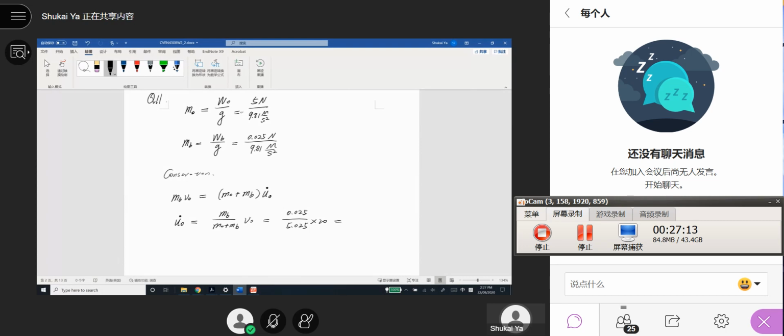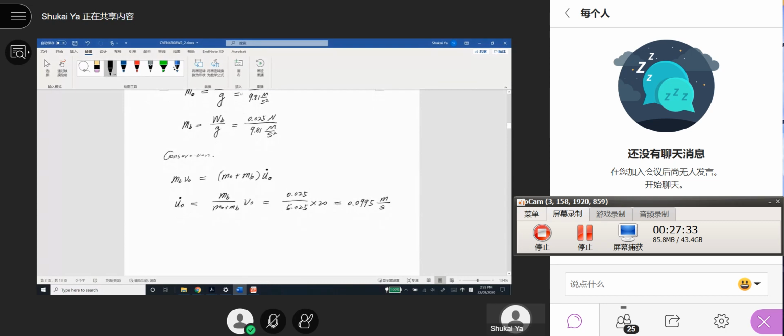Let me check the result. 0.0995 meter per second. That's the initial velocity.